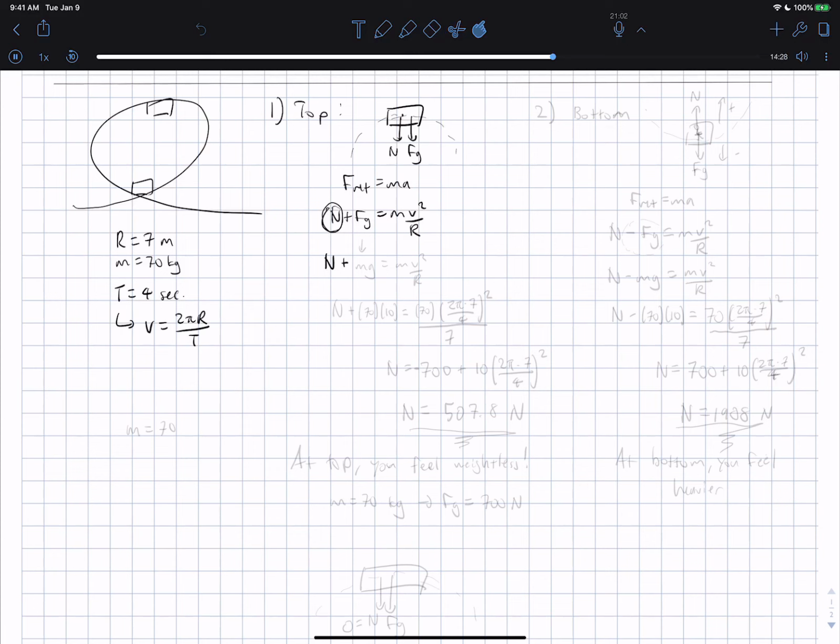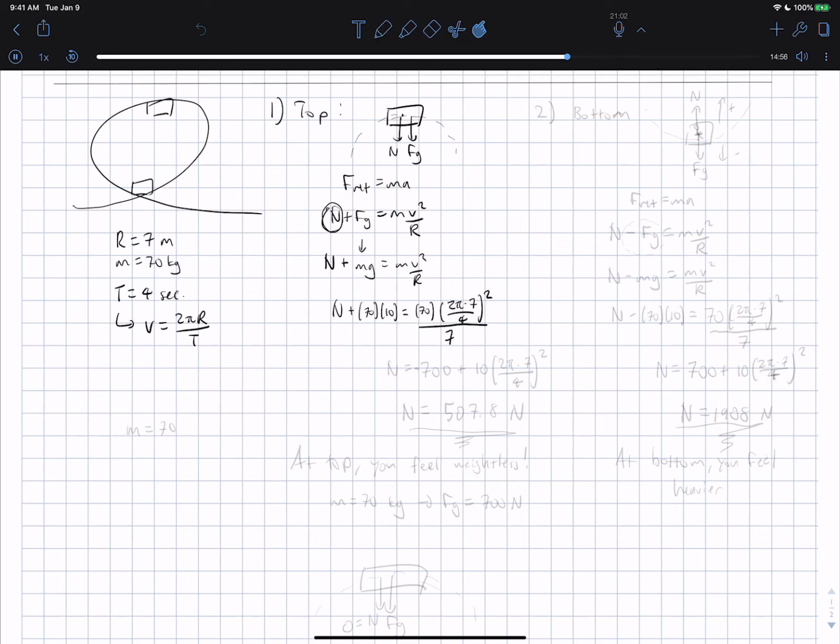So the force of gravity is mg, and the normal force plus mg is equal to mv squared over r. Mass is 70, g is 10. The velocity is 2 pi r over T, so 2 pi times 7 over 4, squared, over the radius, which is 7 meters.